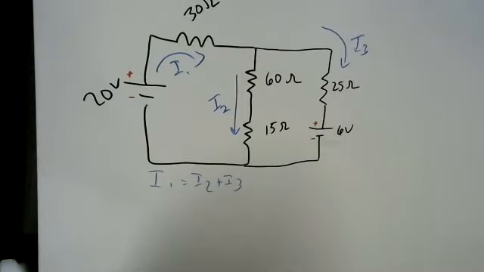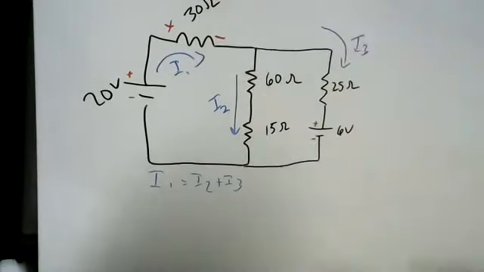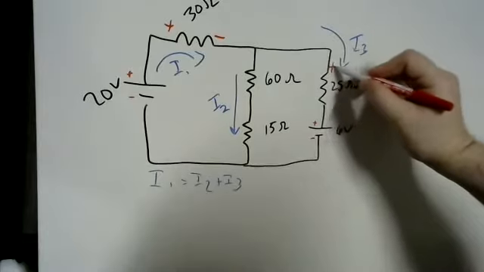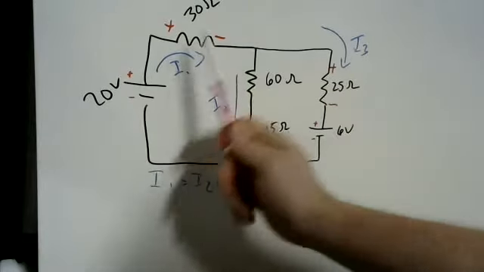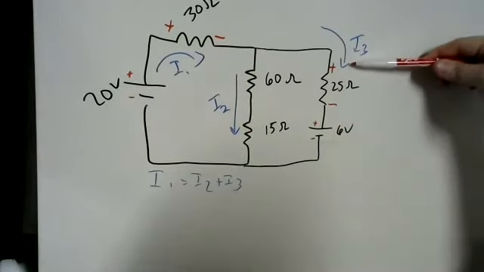If the current flows, it always flows from positive to negative. So the way we've laid this out, here's a positive and a negative, and here's a positive and a negative. I1 flows from the positive to the negative here, and I3 flows from positive to negative there.